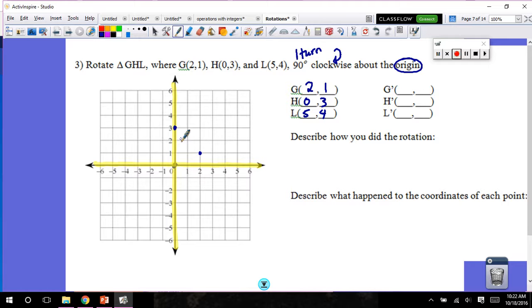Be careful with H. You should get it plotted in the correct spot. H should be on the y-axis.